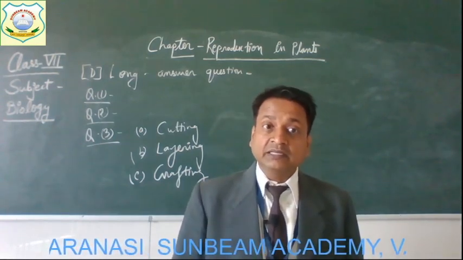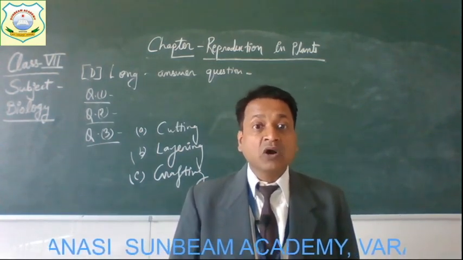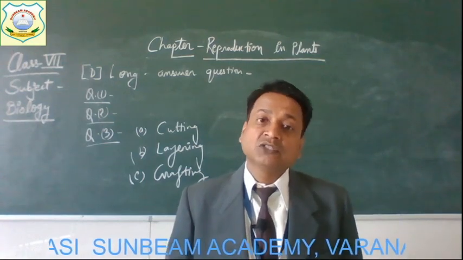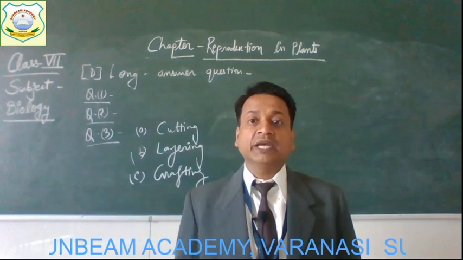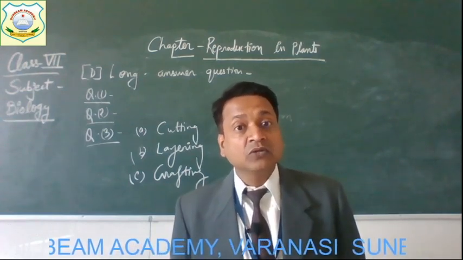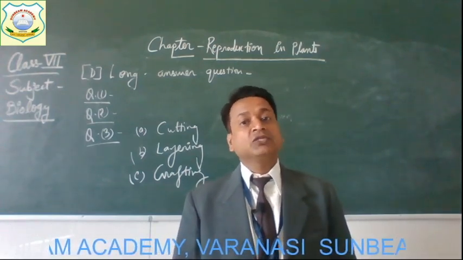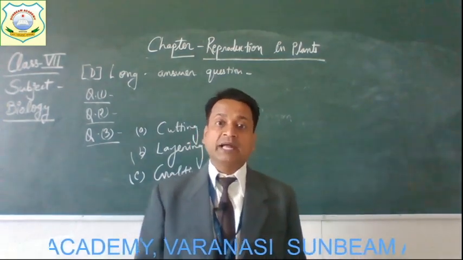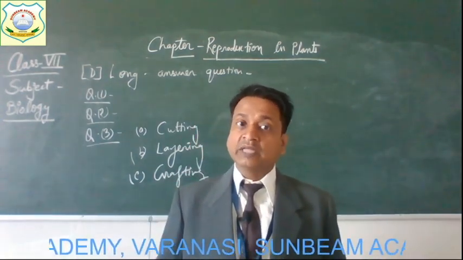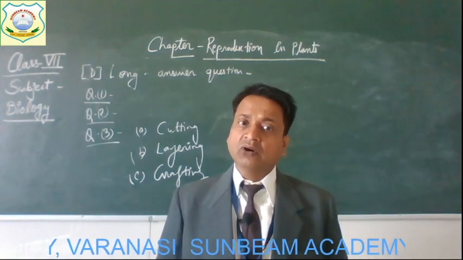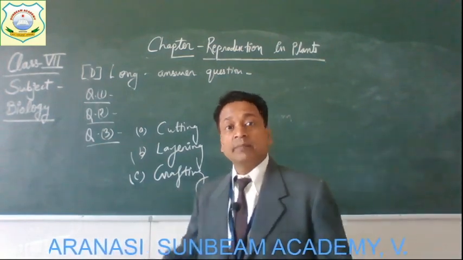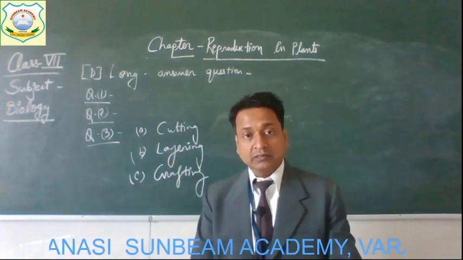The scion is kept over the stock, and after that they are tied together. And the tissues of stock and scion join together to form one plant. Alright, and an example of this method is mango. Alright, children, so this is all about question number 3.